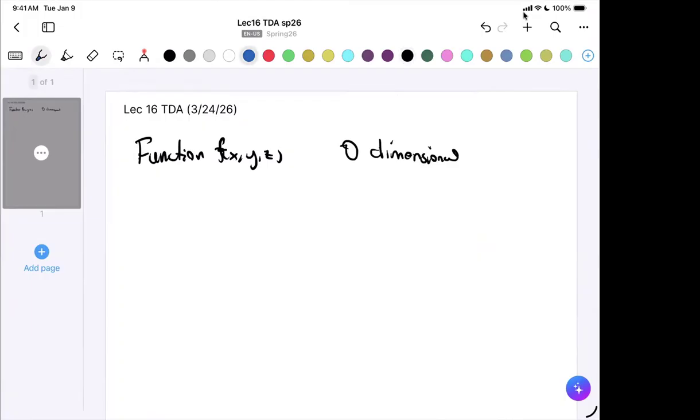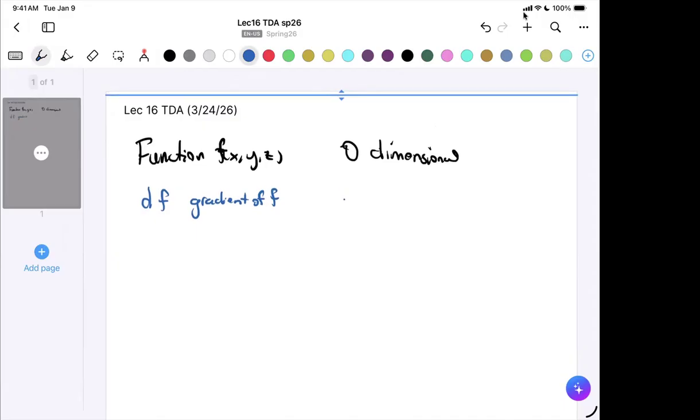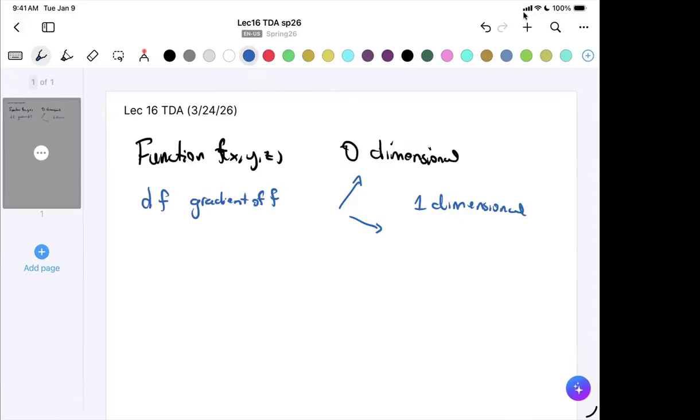But then the gradient of a function, which you would call df, is supposed to be a vector field. Because they're vector fields, they're in a sense one-dimensional because a vector has a length. That's the only reason why I mean one-dimensional. It has units of length.